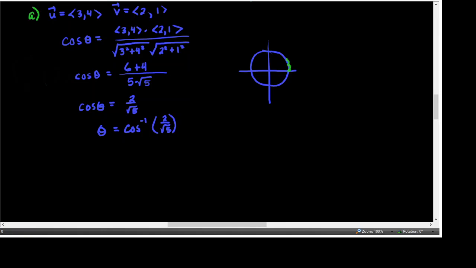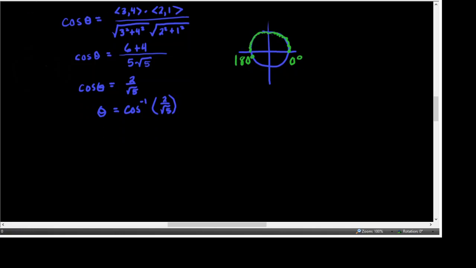Remember, that was anything between 0 and pi, or if we're in degrees, anything between 0 degrees and 180 degrees. So that restriction totally makes sense, because if we do inverse cosine, those are the numbers we'll get every time. So that's kind of a good news idea that it's consistent with what we already did. So if you put that in your calculator, you should get that theta is approximately 26.57 degrees.